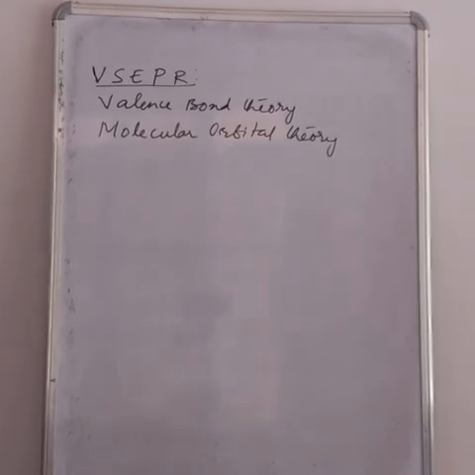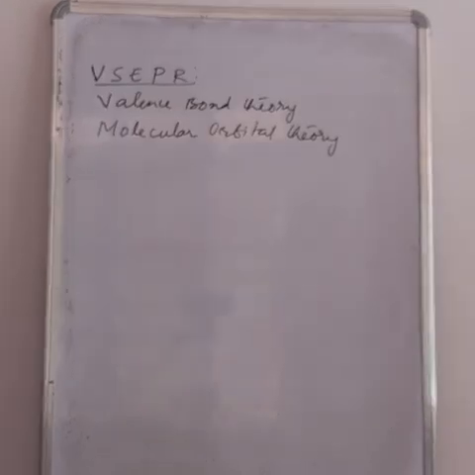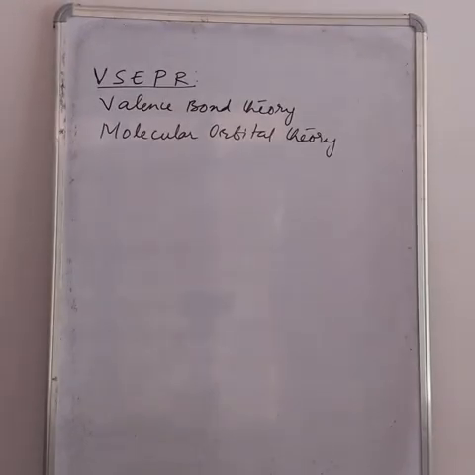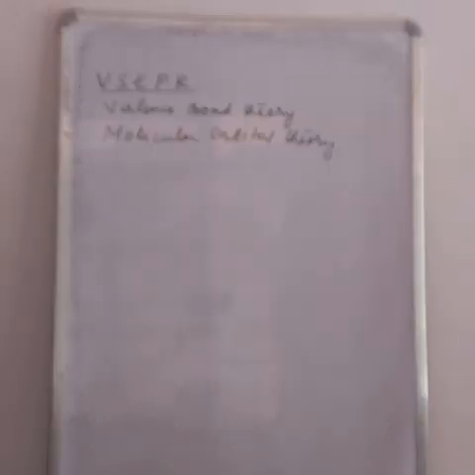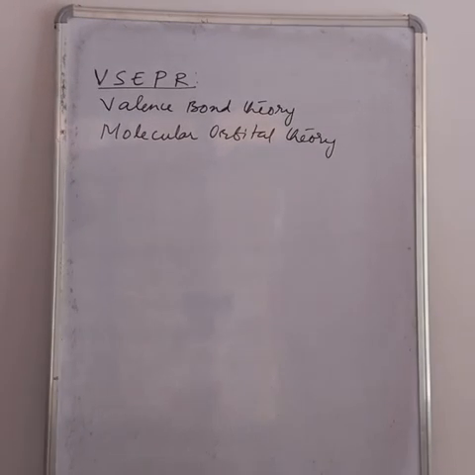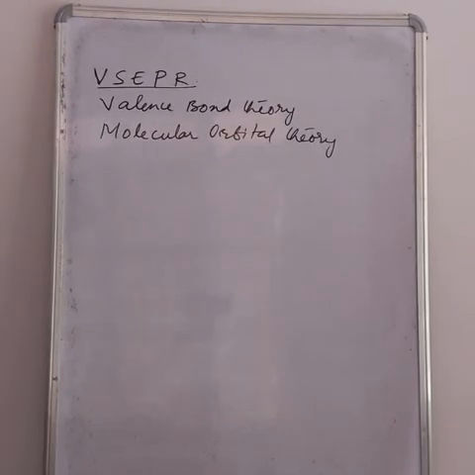Now in VSEPR theory, we know that the bond formation is due to sharing of electrons, which gives us a covalent bond.